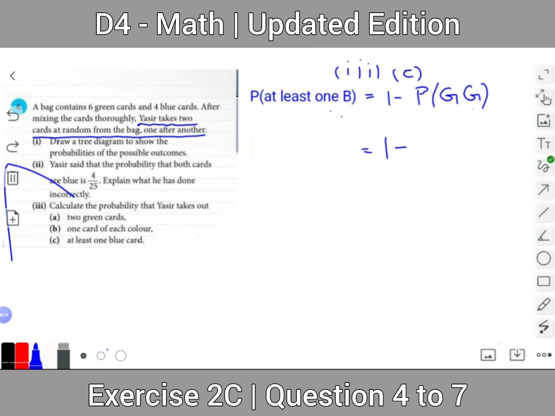We have calculated the probability of both green cards in part 1 and it was 1 over 3. So here we have 1 minus 1 over 3 and it will become 2 over 3. So the probability that at least one is blue is equal to 2 over 3.